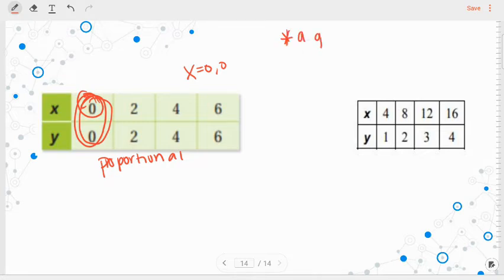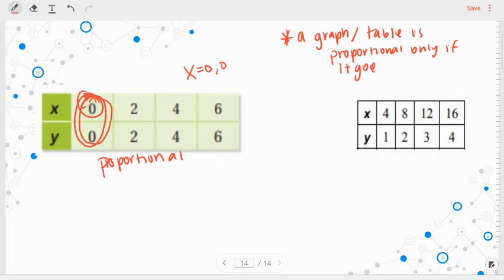Okay, a graph or table is proportional only if it goes through (0, 0), or we call that the origin. So this graph is proportional.